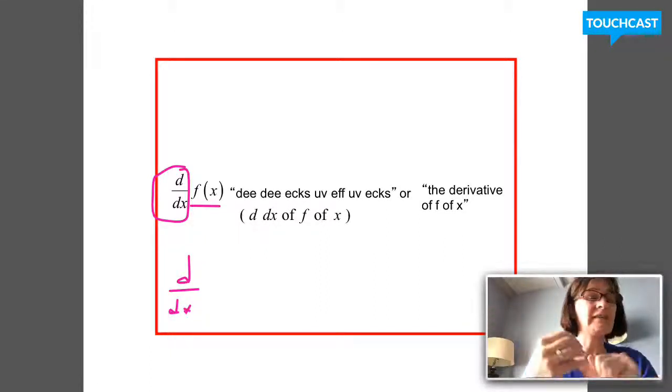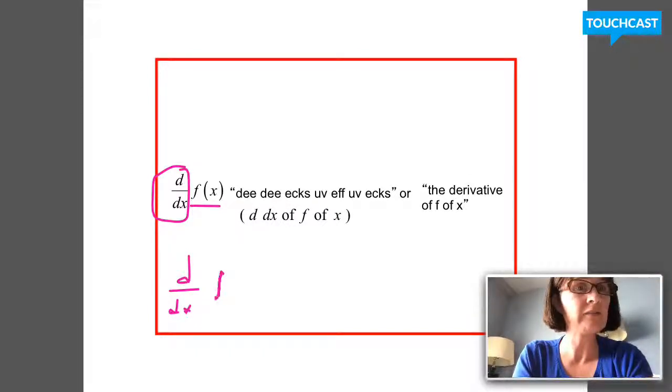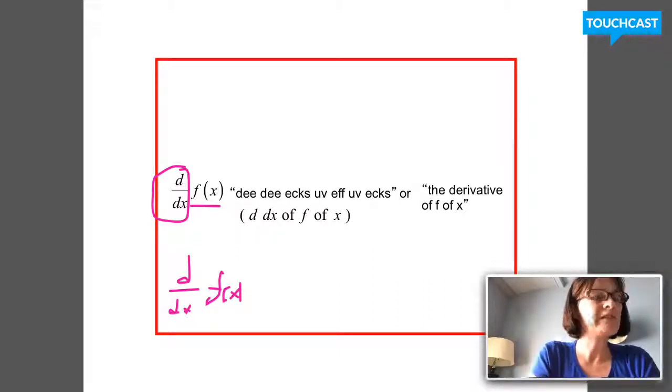It's an operation. It says, I'm going to do something to the thing that comes right after. So this means I'm going to take the derivative of, in this case, f of x. So the phrasing here is d dx of f of x, or the derivative with respect to x of f of x.